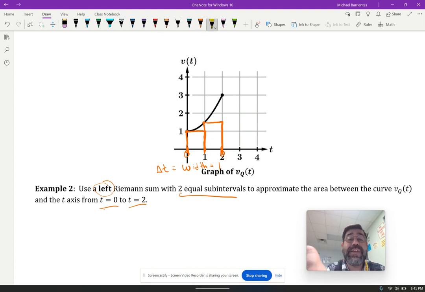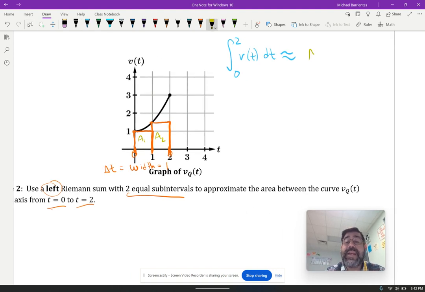So if I call this A1 and A2, the area of the first rectangle plus the area of the second rectangle, then I can say that the integral from 0 to 2 of this function v of t dt is approximately area 1 plus area 2. Now, if I were to shade that in, would that shade in everything under that curve? Well, no. But it's a little bit more than what the previous thing was, right?